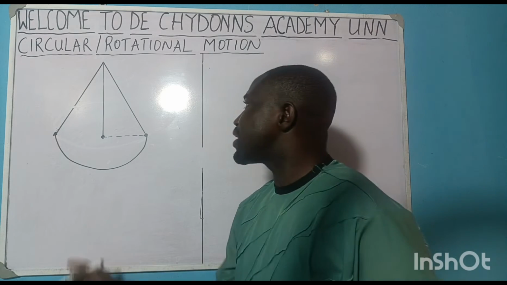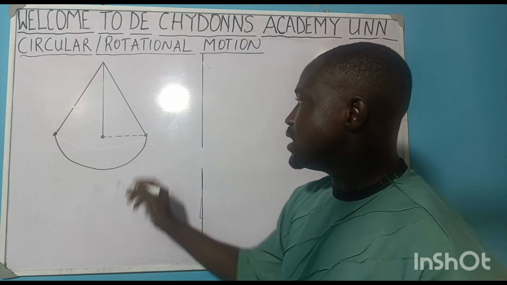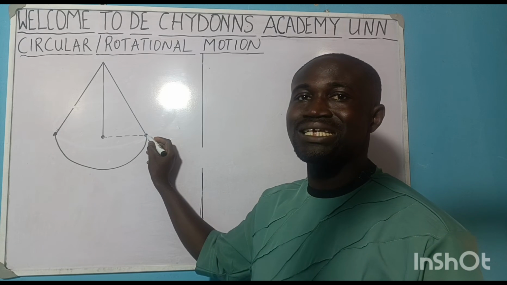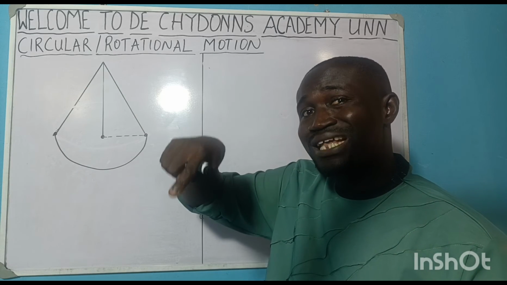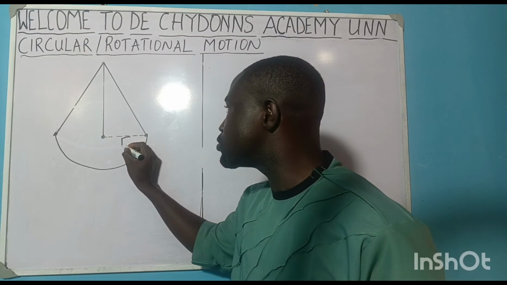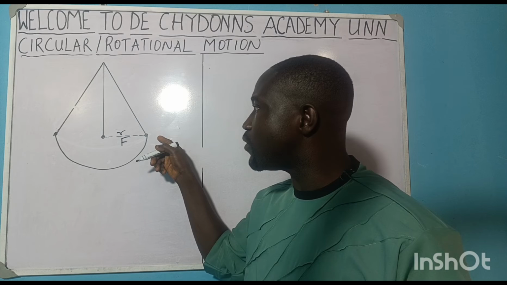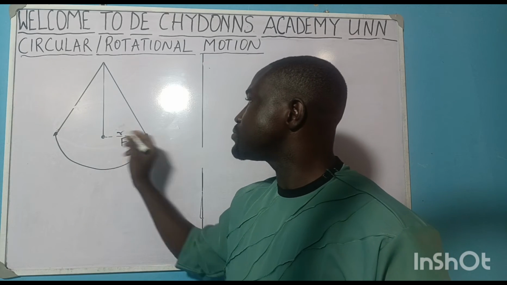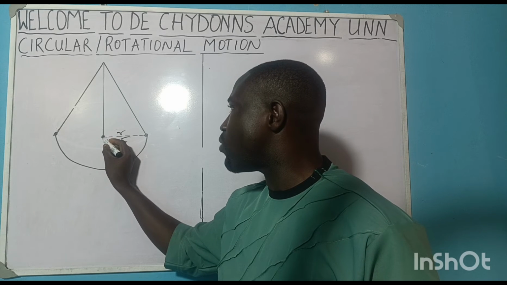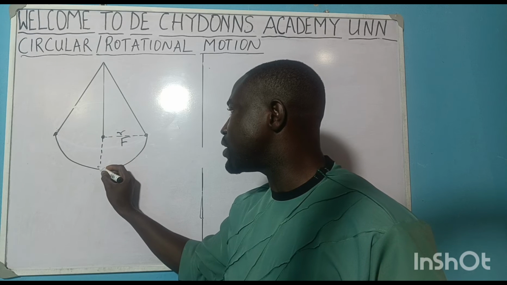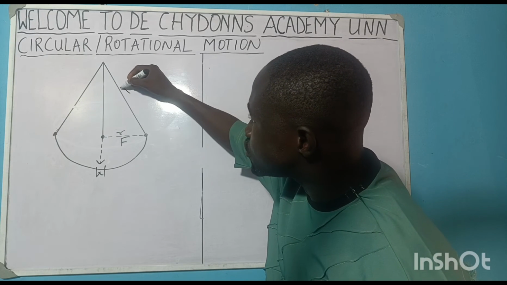Now, look at this body. Look at that ceiling fan rotating horizontally. Here, the force on that blade of the ceiling fan, helping it to rotate horizontally, is directed towards the center. Here is the radius, but there is a force acting on it. Then the weight of the body acts downward normally. Then here there is a tension.